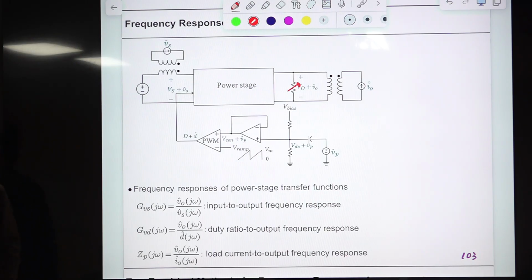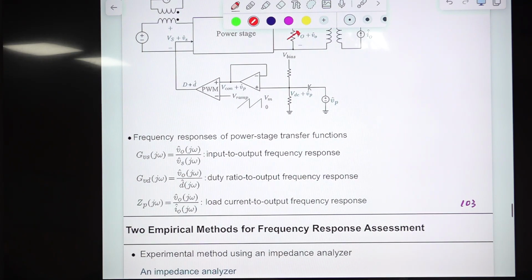So the prior knowledge for the controller design is three things basically, three things alone. You don't need any more, right? So this is the input-output frequency response. You have the transfer function and replace s with j omega. Then you have the frequency response.